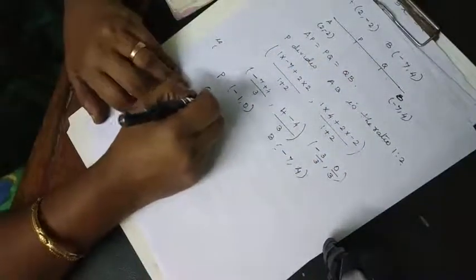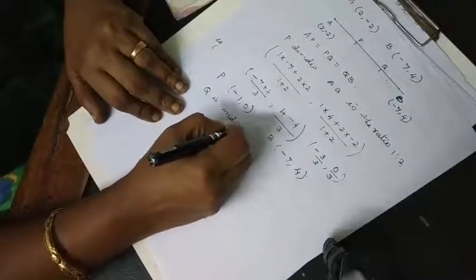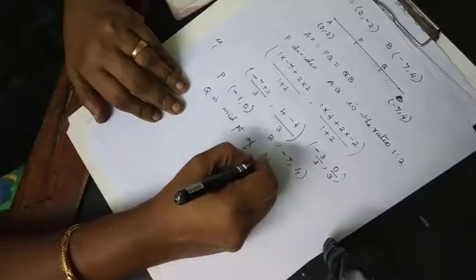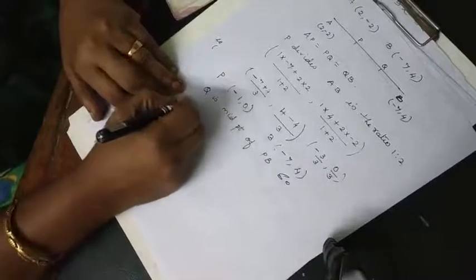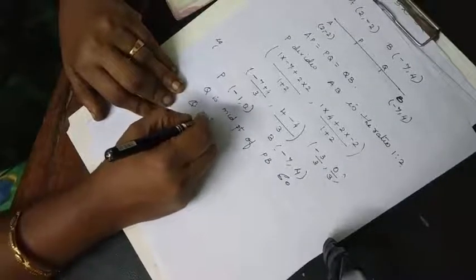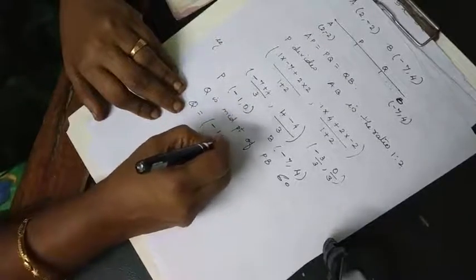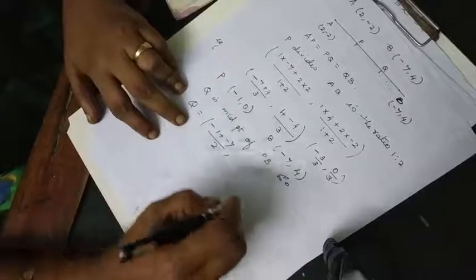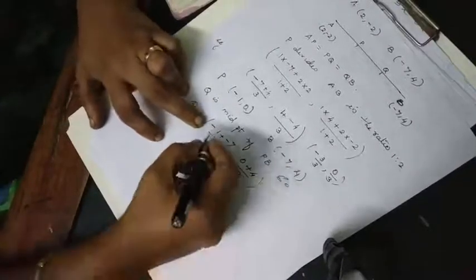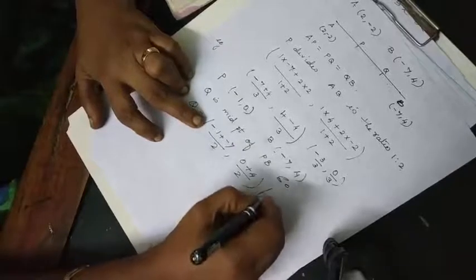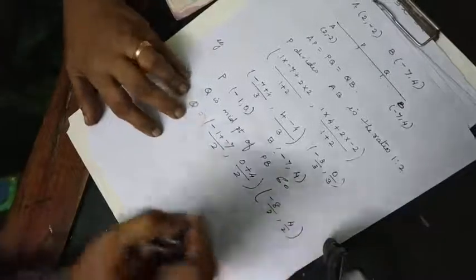So Q is the midpoint of PB. Q is equal to negative 1 plus negative 7 by 2, 0 plus 4 by 2. Negative 1 plus negative 7 is equal to negative 8 by 2, and 4 by 2.